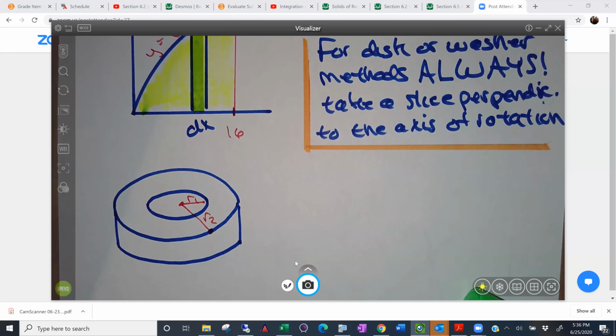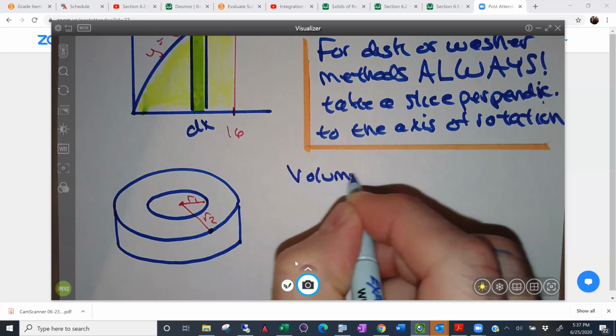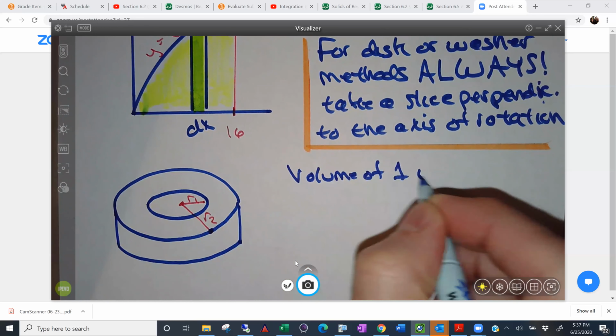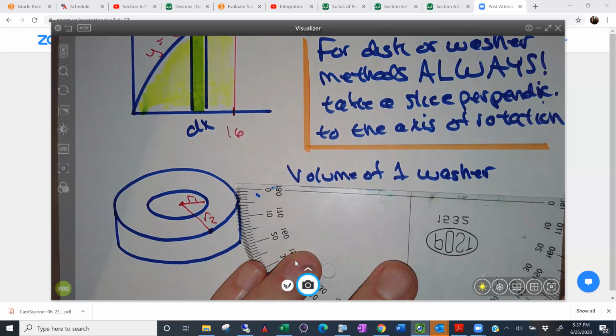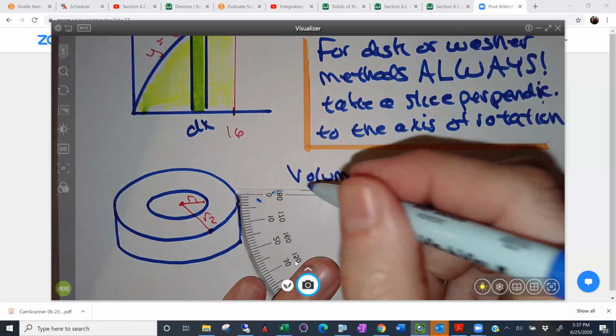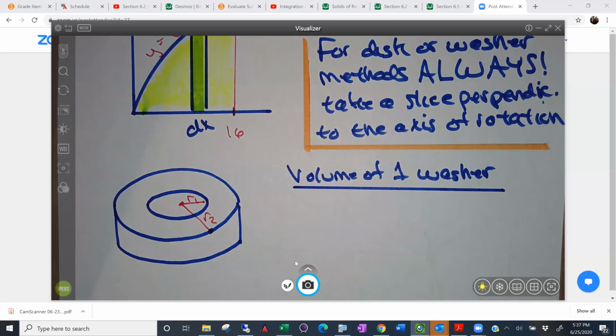The way to get the volume of this, and by the way, this is no longer a disk. This is a washer. We want to find the volume of one washer. And I'm going to develop that a little bit. We're going to calculate this in a couple pieces.